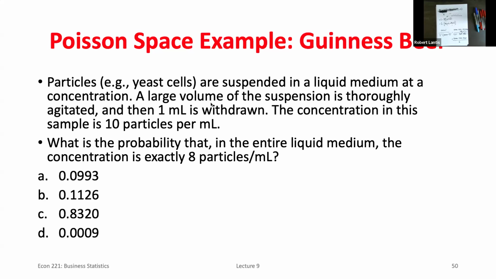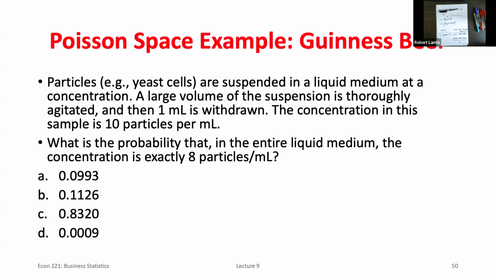So my 1 milliliter sample is going to be my best idea of what the average number of yeast particles is. So my average number is 10. My lambda is 10. I then want to know, okay, I saw 10 from my sample. I'm really hoping that's only 8. So given that the average number of particles in the milliliter I drew out was only 10, what's the probability in the entire vat it's actually 8? Because that's what I was targeting.